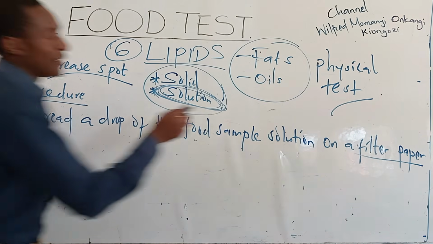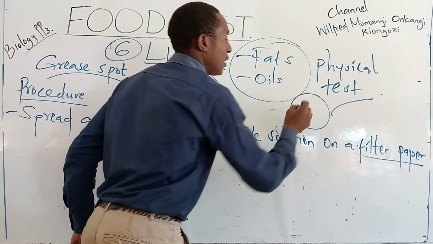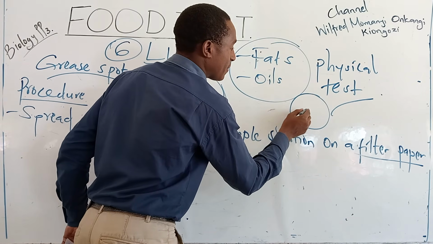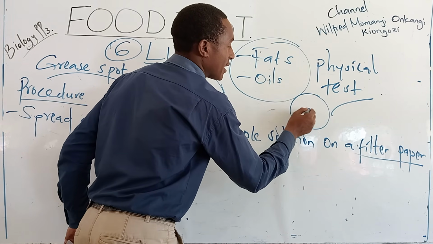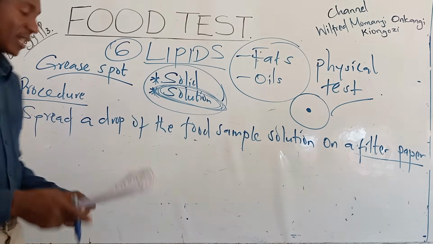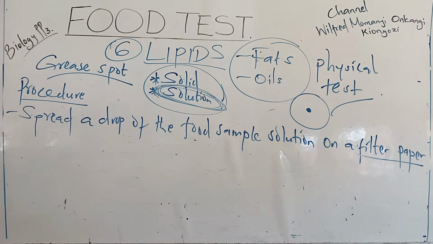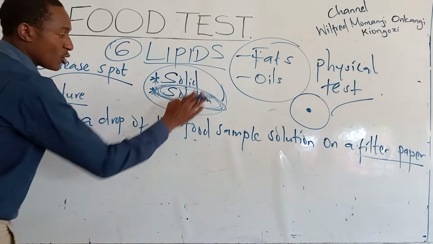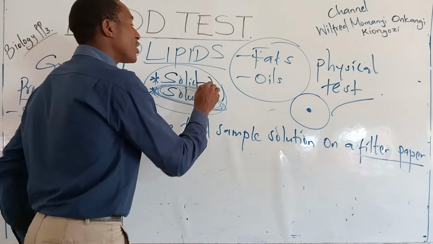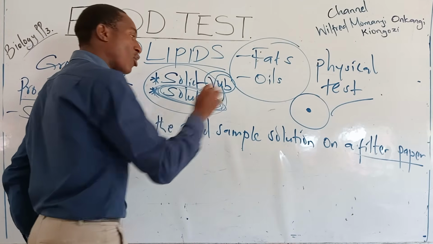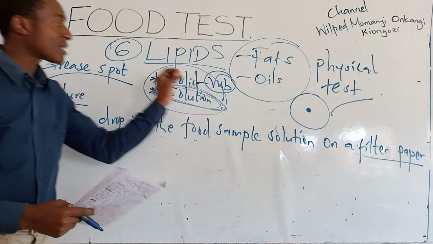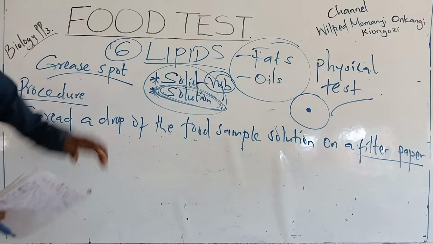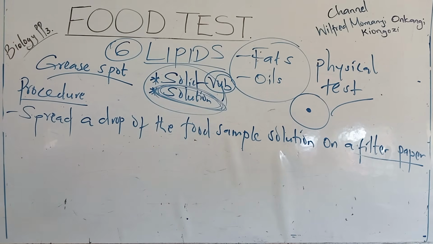If you have a filter paper like this, you put that drop here and spread it. Make sure it spreads a little, so that you can have a spot that you'll be looking at. If it was a solid, you say rub. Rub on a filter paper that substance that you are testing for lipids.